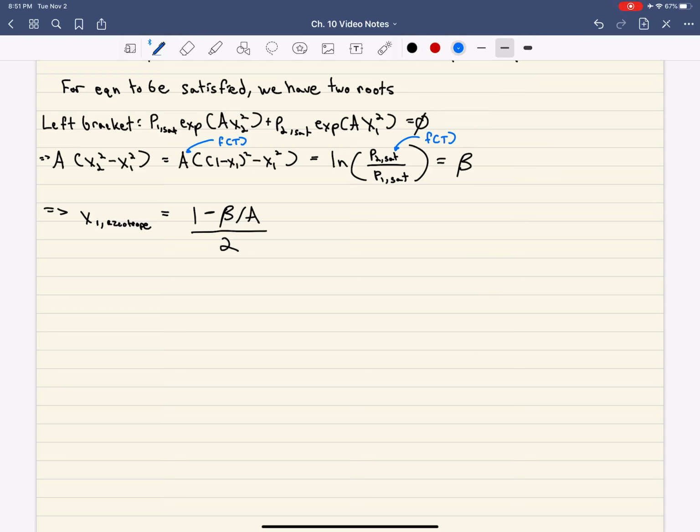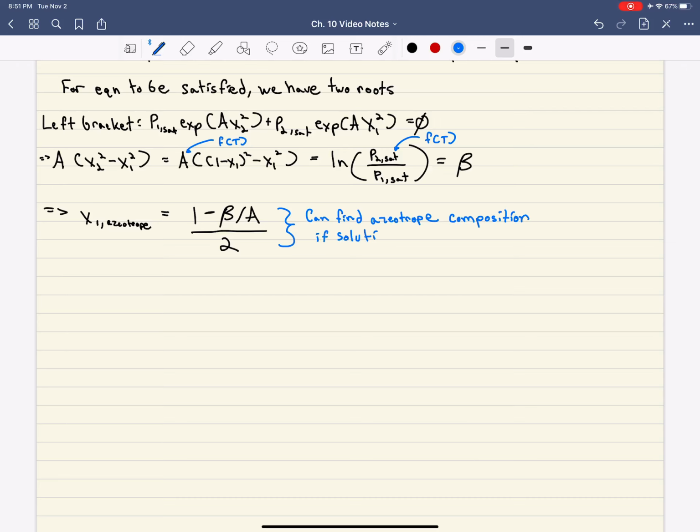Okay? And so what we find is that one could just find, regardless of what the total pressure in your system is, that azeotrope composition very quickly.